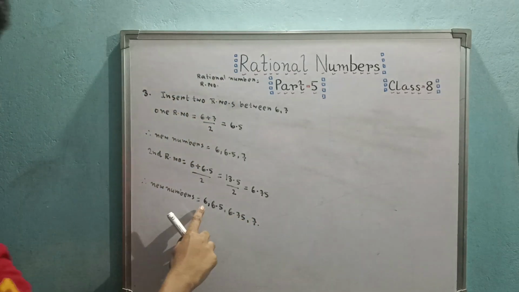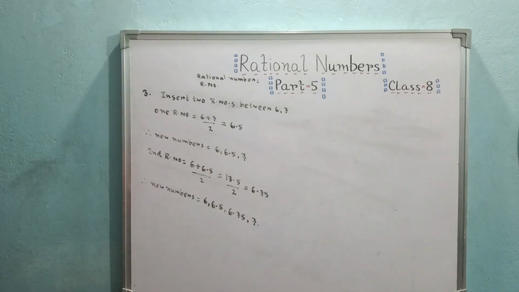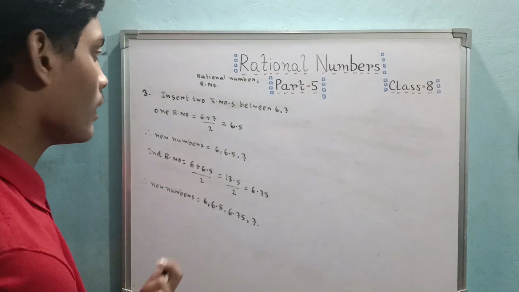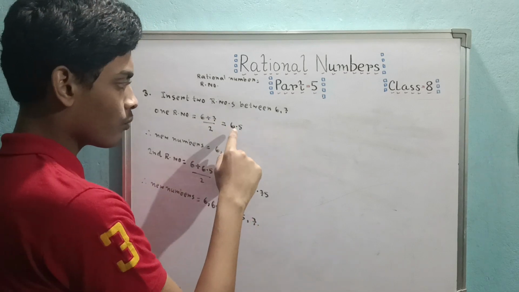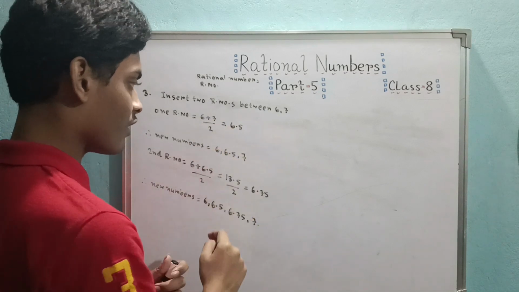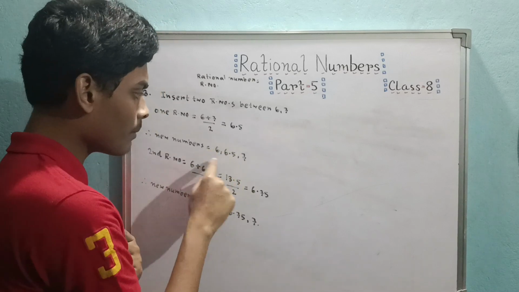Finish. See, between 6 and 7 we have two rational numbers now, 6.5 and 6.75. That's the answer of this question. Understood? The first rational number is the sum of the numbers by 2. This is the rational number between 6 and 7. Another rational number is the sum of these two terms by 2.